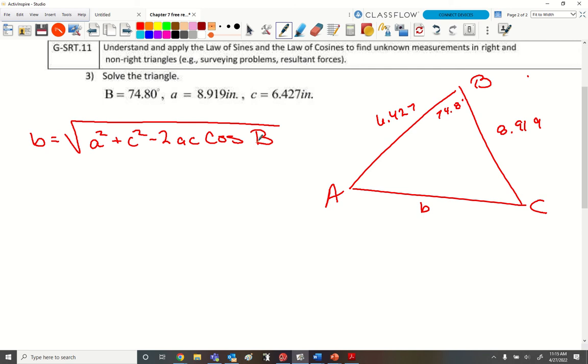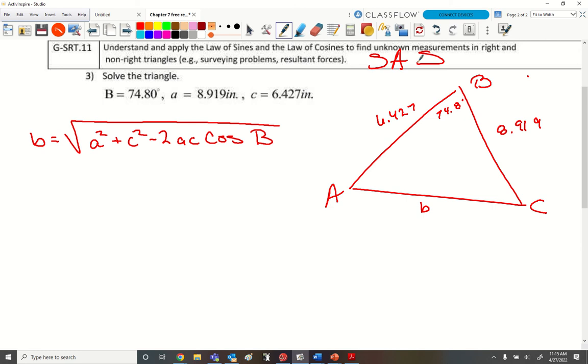It's law of cosines because I can't do law of sines. It depends on what's given to me. Does that make sense? Yeah. Okay. So we're using this one, and since it was given to me in the form of side, angle, side, I could use that.